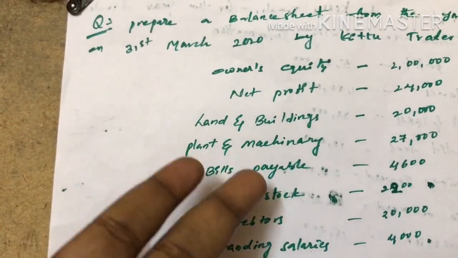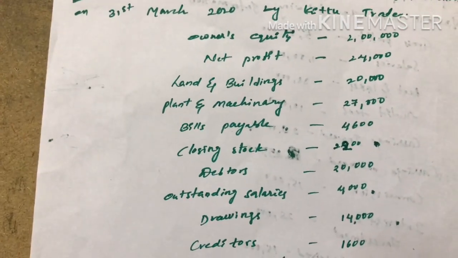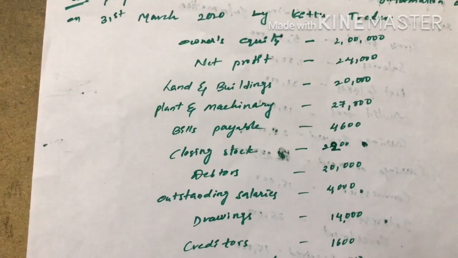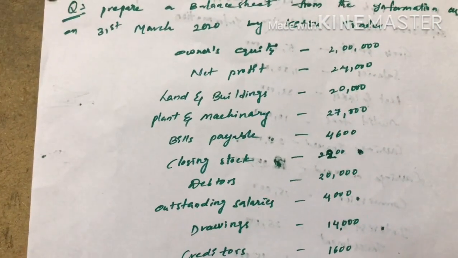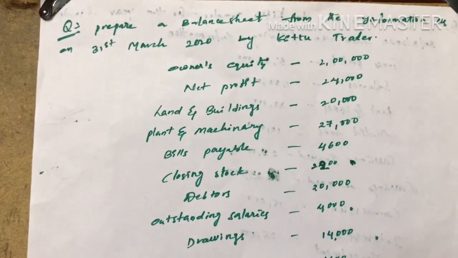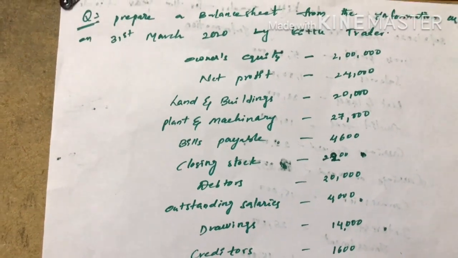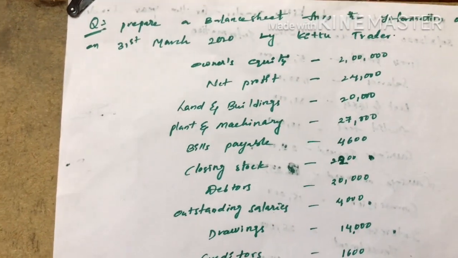Next, observe the drawings or any interest. You can see the format of the balance sheet; on the liability side there are some items, and you can check them in the given problem also. Here some drawings will be there.